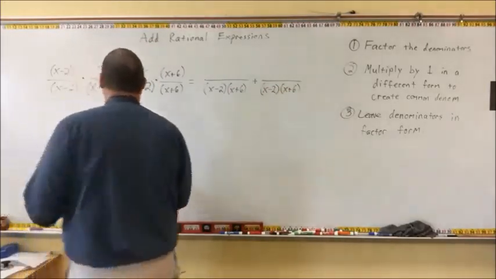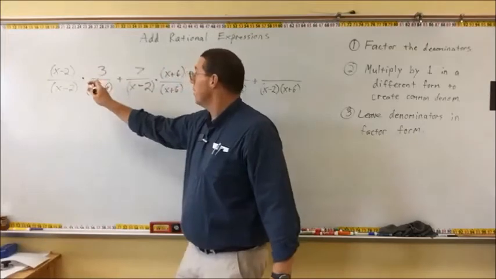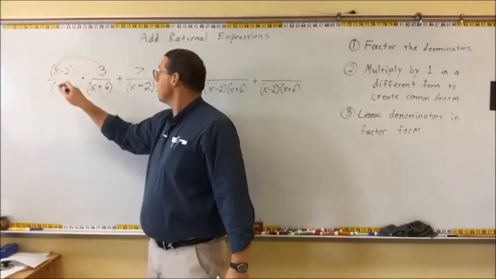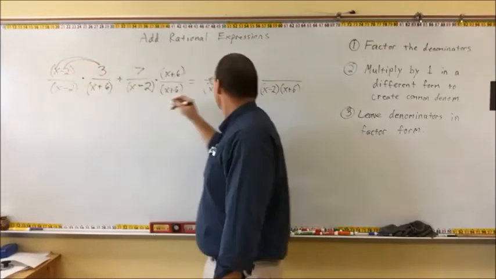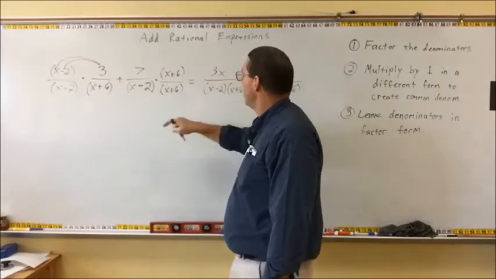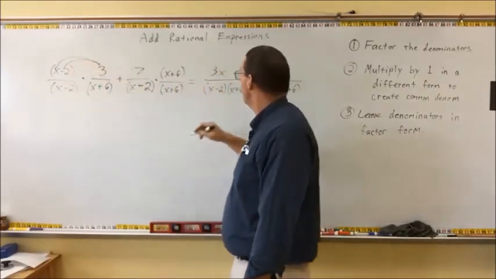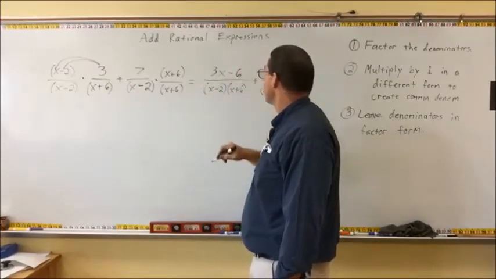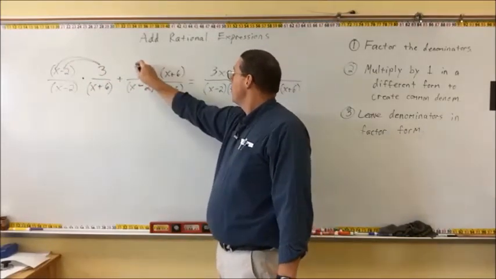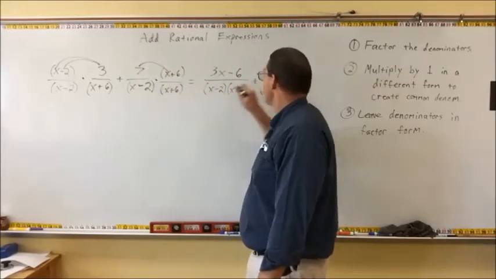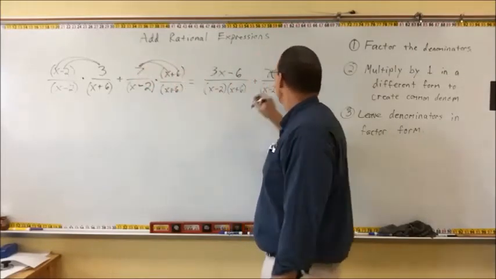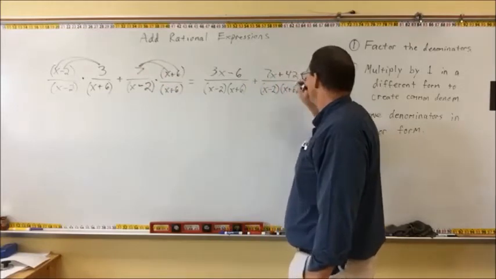Now, the numerators we're going to distribute. So over here, we can do 3 times x and 3 times negative 2. Well, 3 times x is 3x. 3 times negative 2 is negative 6. And now, 7 times x is 7x, and 7 times 6 is positive 42.